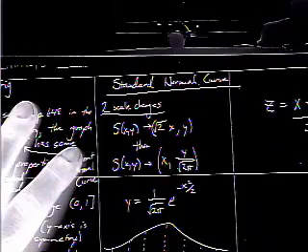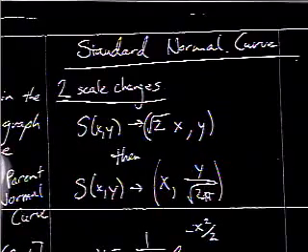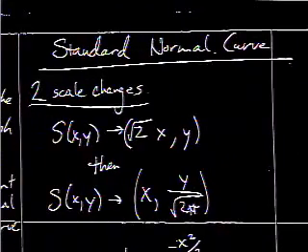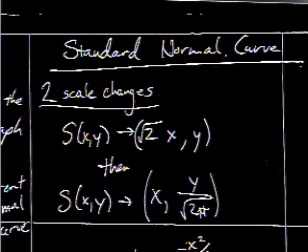So, what's this thing called the standard normal curve, and how does it relate to the last one called the parent normal curve? Well, we performed two rather odd-looking scale changes. The first one, we multiply the x's by radical 2.